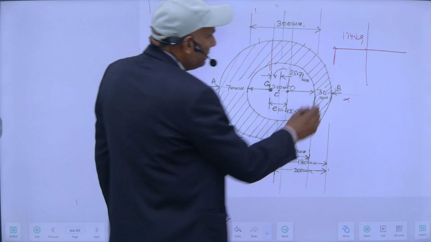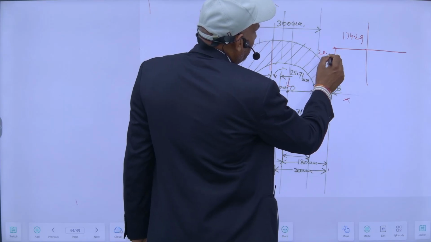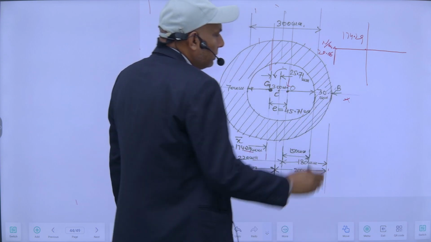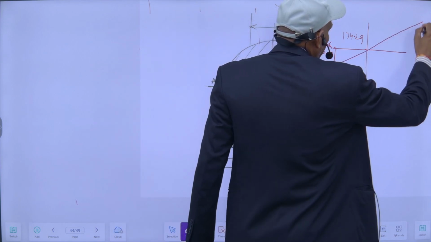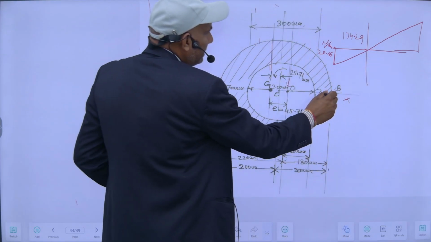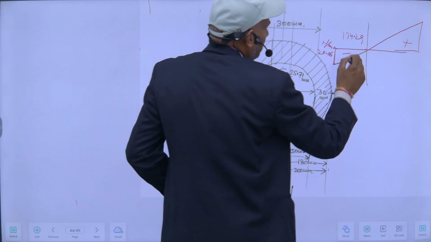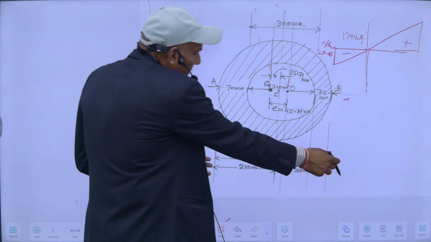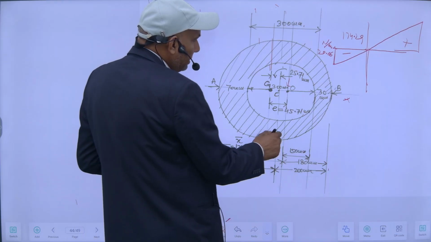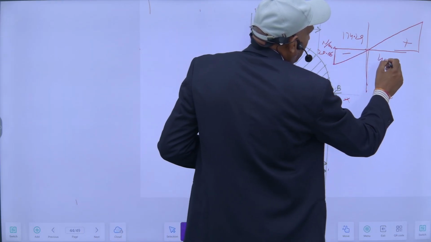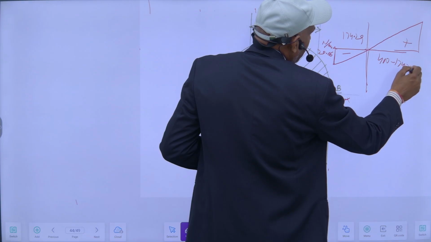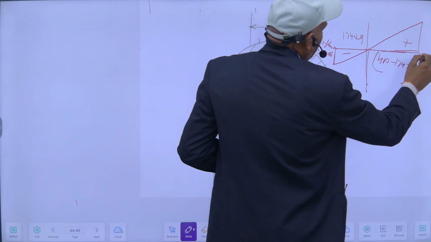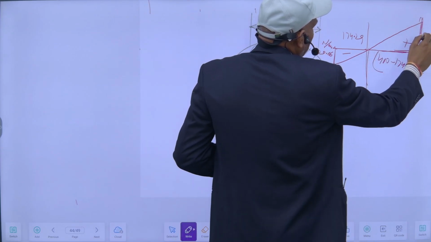This stress is 20.06 Newton per mm square, and I want to know the stress here. At this end it is compressive. So this distance is obviously 400 minus 174.29, and this I have to know.